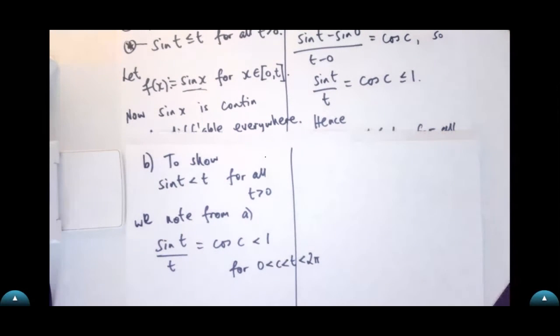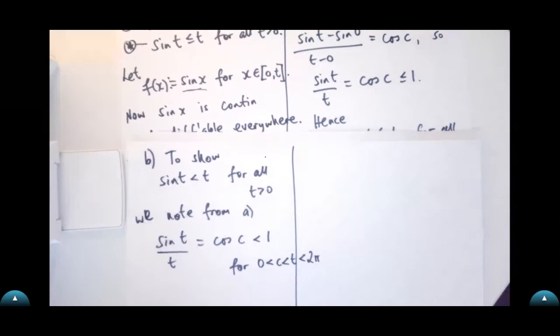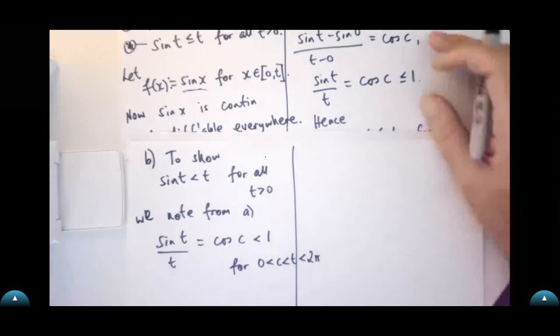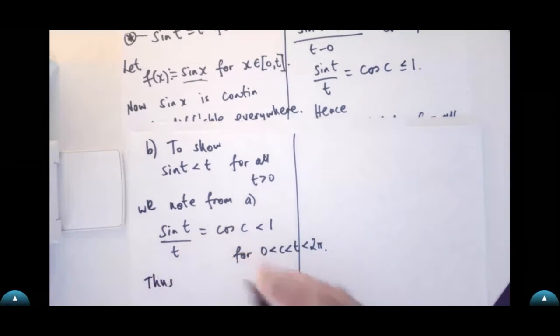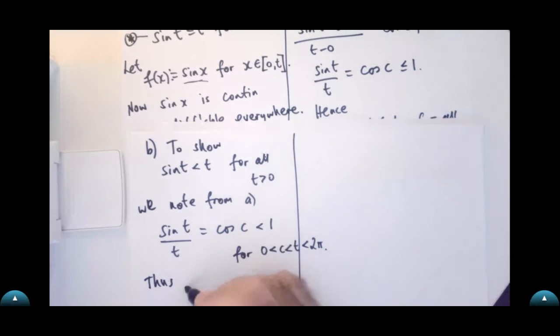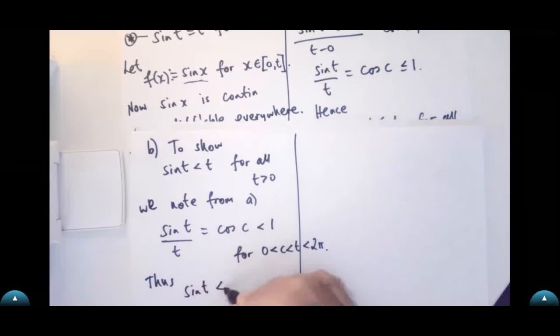All you've got to do is look at the graph of the cosine function to work that out. So what we can say then is, that can go up there for all t.